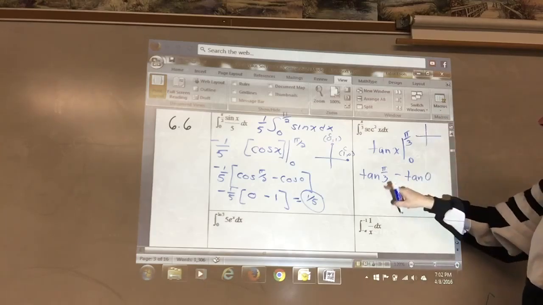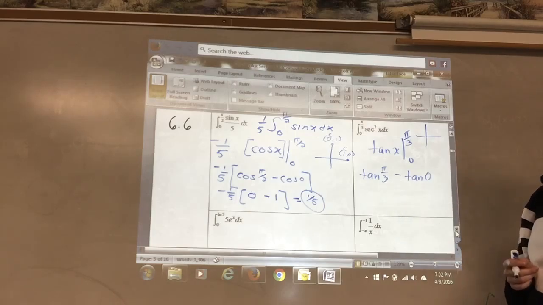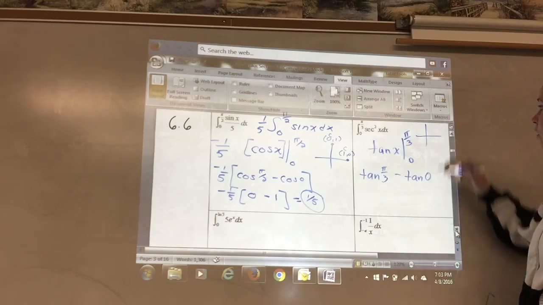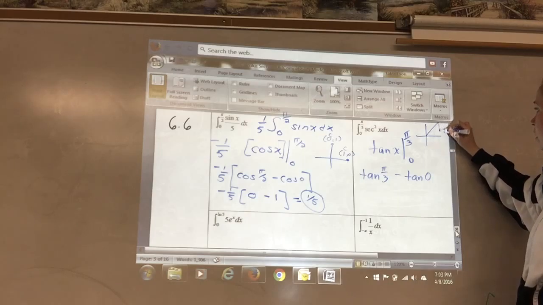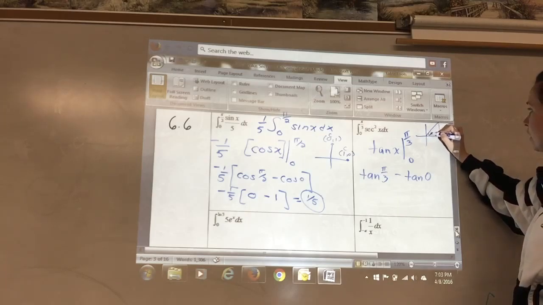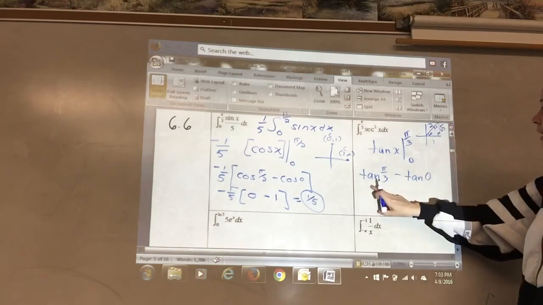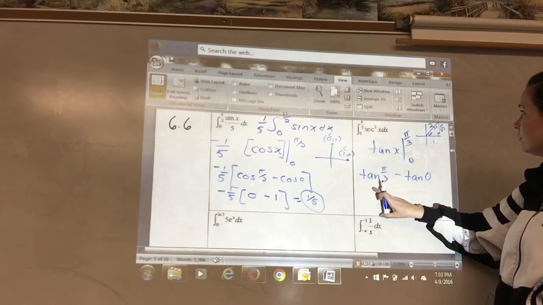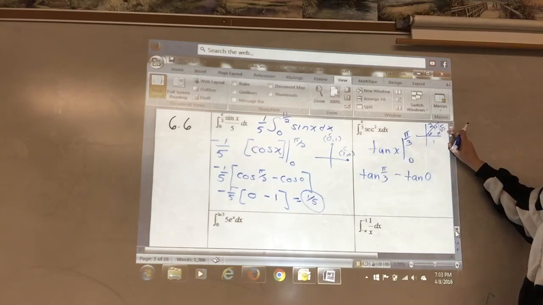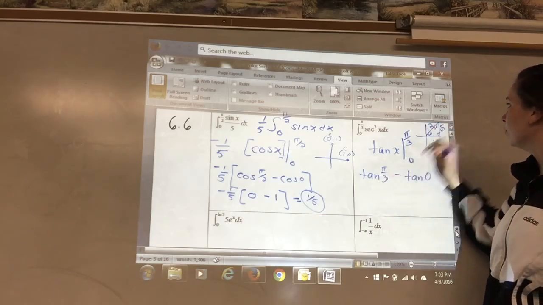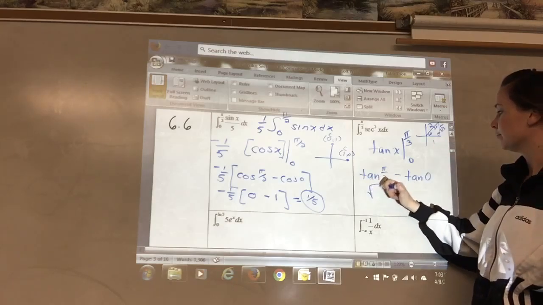The tangent of pi over 3 is a 60-degree angle. So let's draw a reference triangle, 30, 60, 90. Okay, so the tangent is opposite over adjacent. So the tangent of 60 would be root 3 over 2. Nope, root 3 over 1, so root 3.